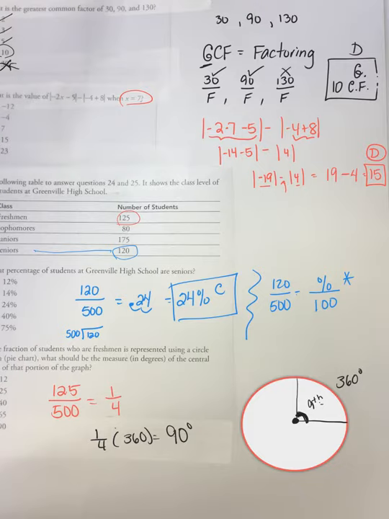So when I look down at my choices, I see that E has to be my choice because it's the measure of the central angle. It's 1/4 of a circle, or 1/4 of 360 rather.